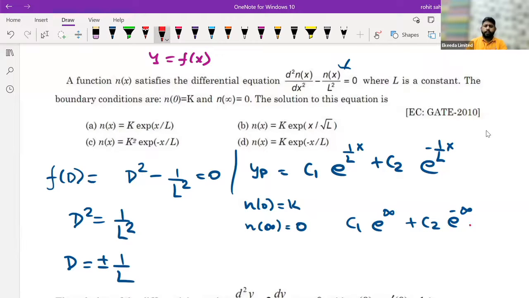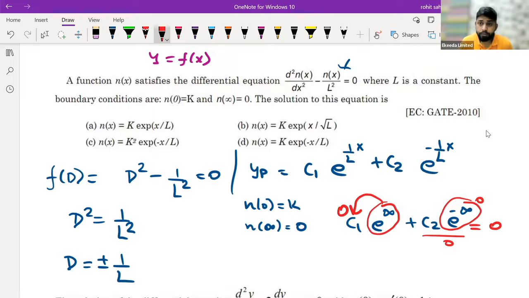Now, if I'm saying this value has to be 0, there's only one chance for this. This e to the power of minus infinity will become 0, so this is 0, no problem with this. But this e to the power of infinity will trouble you unless your coefficient itself becomes 0. If your coefficient becomes 0, you will not have any term as e to the power of x by L, like positive wala exponential term. And then only you can have a finite value if your n tends to infinity.